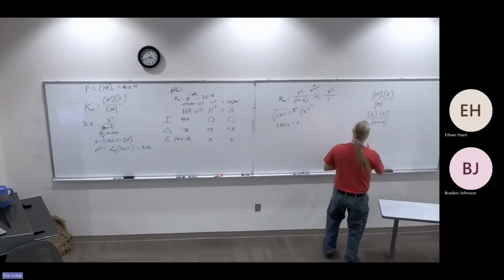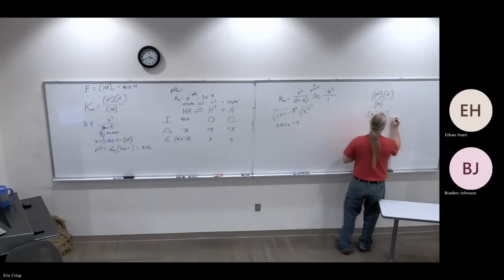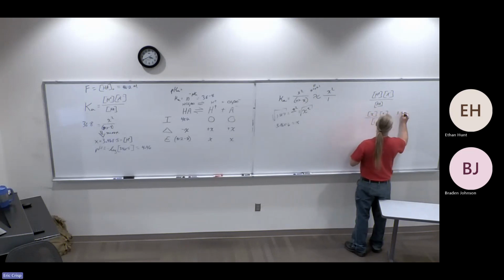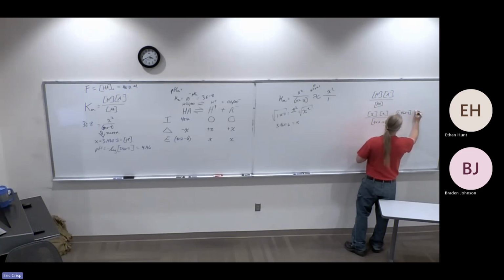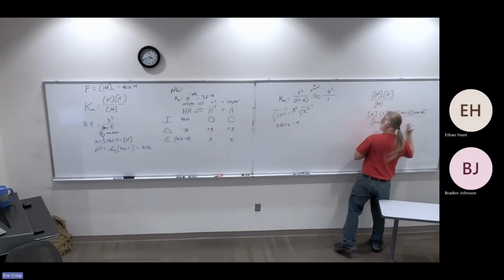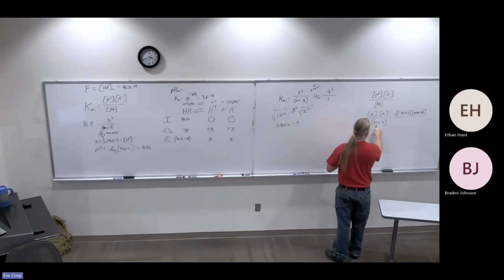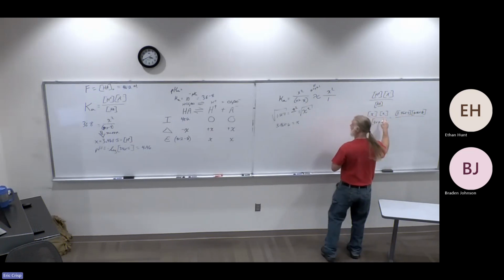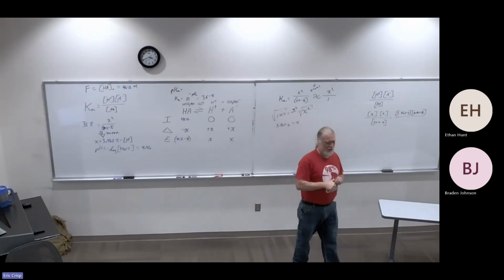So let's see, what is X? It is 3.46 E negative 6, right? Plug it in again. Now, what is 4 times 10 to the negative second minus X? What value would we get for that?